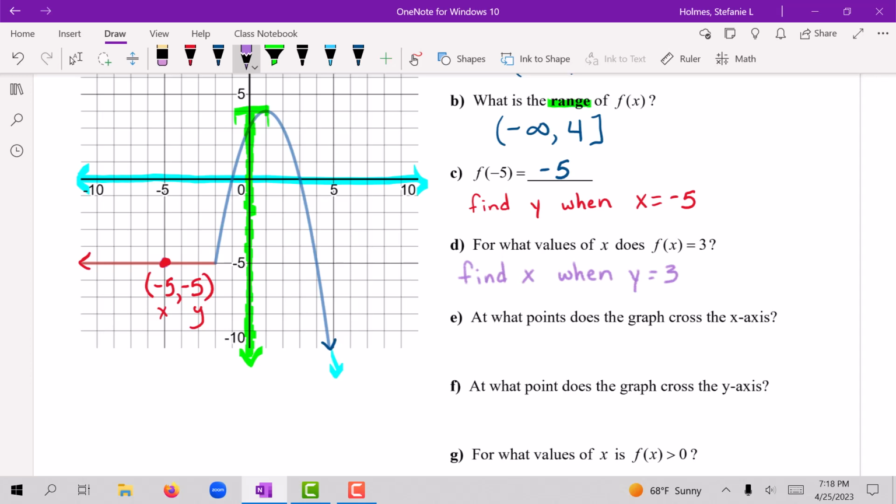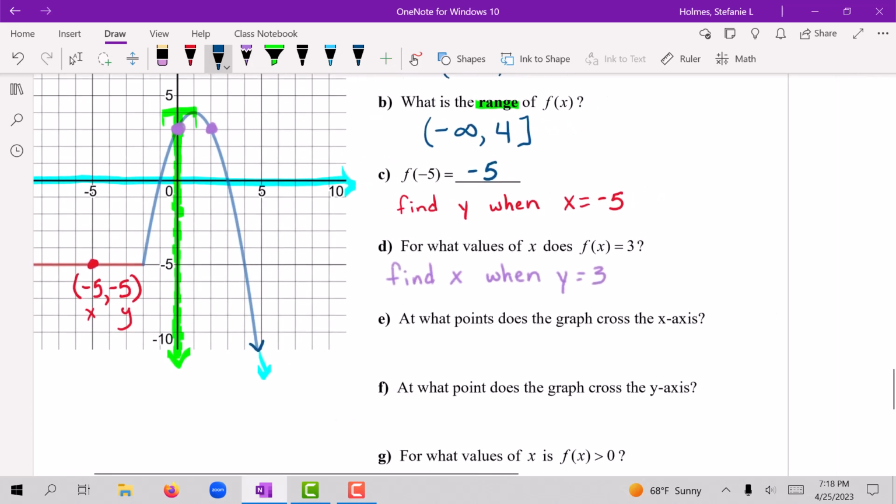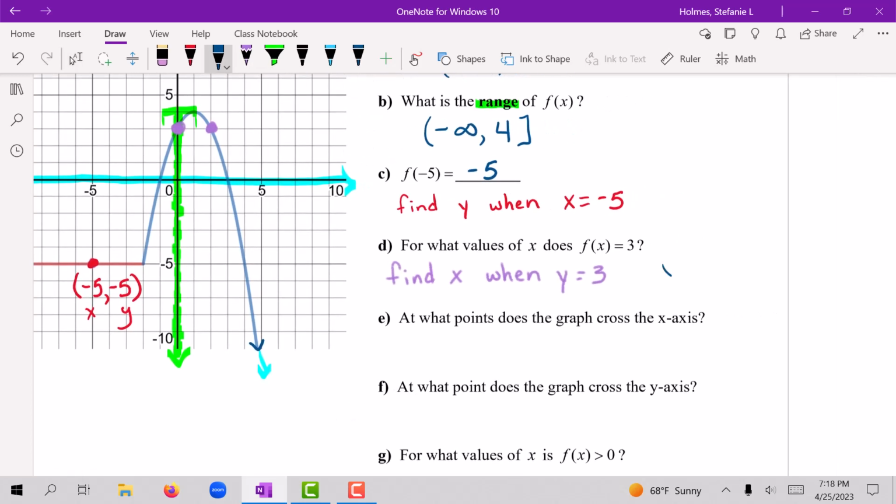And since we're looking for x, we're going to go horizontally until we hit the graph. Well, there's one point here, and there's a second point there. So there are 2 values of x when y equals 3. X could be 0, or x could be 2.